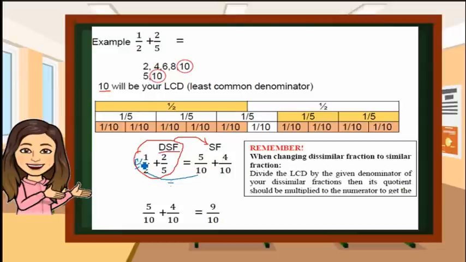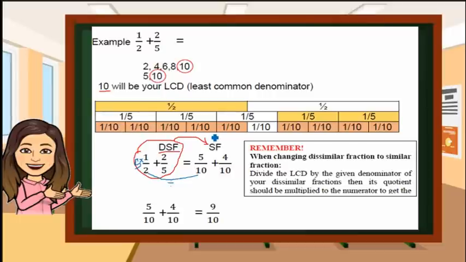You have to multiply the quotient to your original numerator to get the similar fraction. So 5 times 1 is 5. So 1/2 is equal to 5/10.